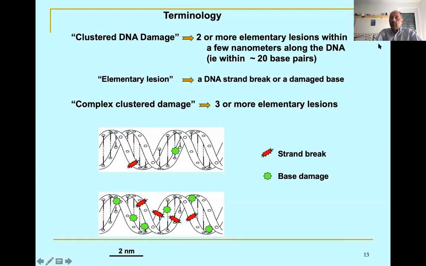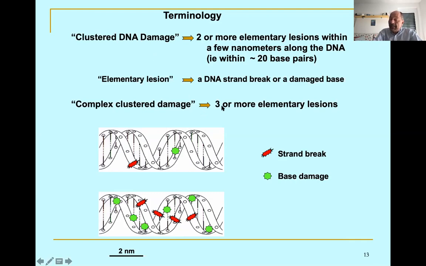So we define the elementary lesion when we have a DNA strand break or a damaged base. You see, this is a strand break, this is a base damage. This is an elementary lesion. If you have two or more elementary lesions within a few nanometers, generally about 20 base pairs, as we have seen before, you call this clustered DNA damage.